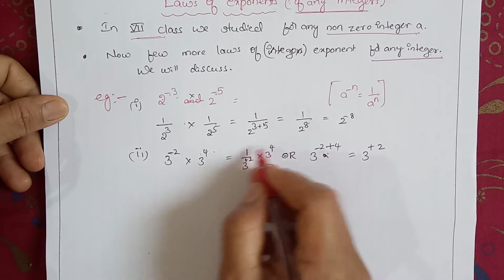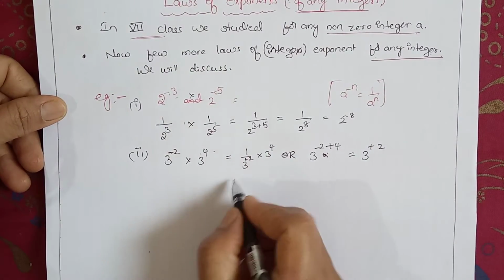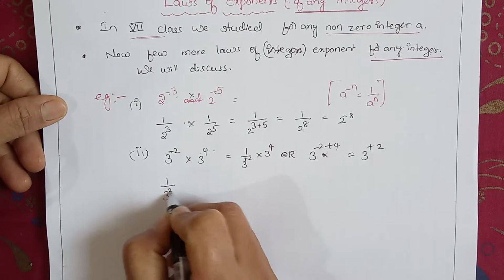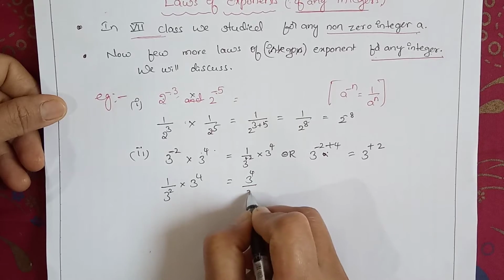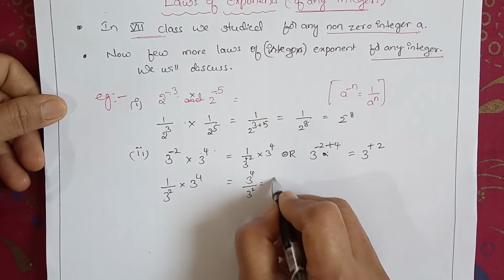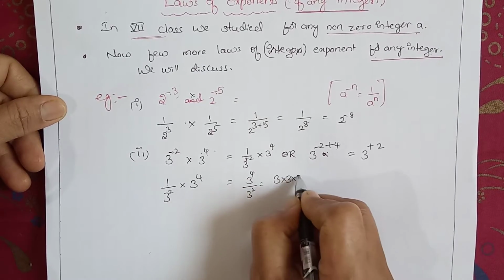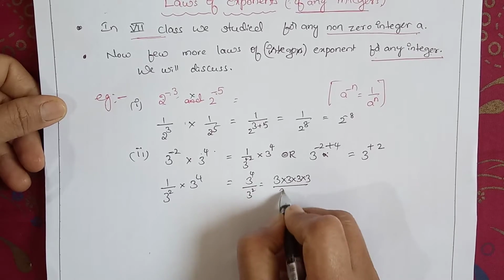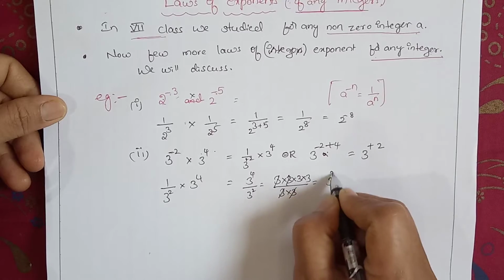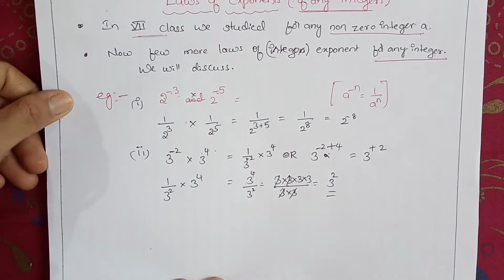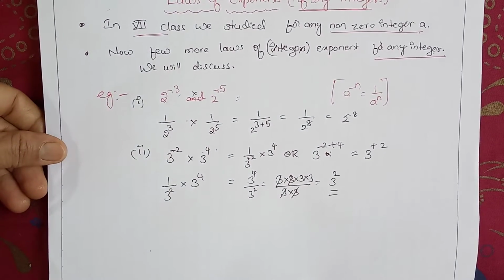Completing the other method, 1 by 3 square into 3 to the power of 4 is 3 to the power of 4 by 3 square. You expand them and cancel them, and you will get the same, 3 square. This is also one kind of method. So these are the two examples.